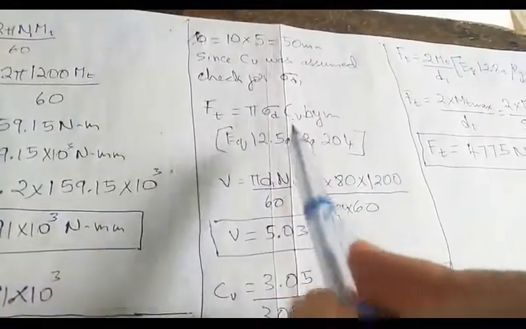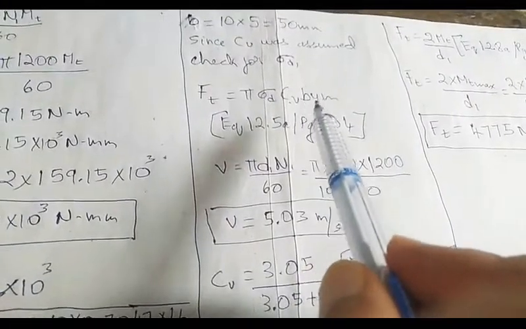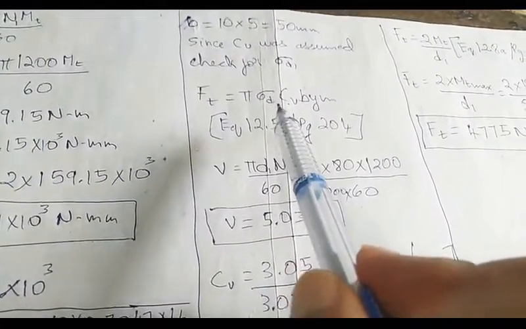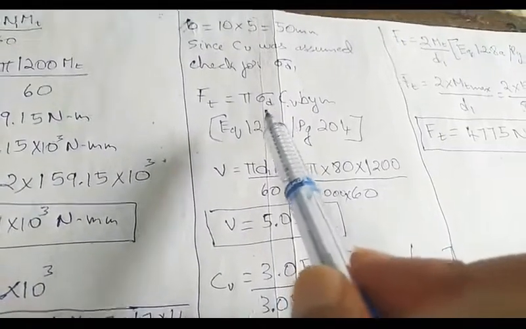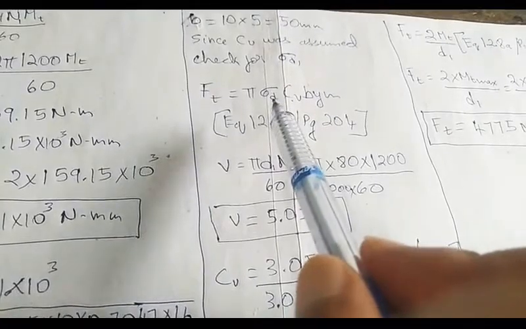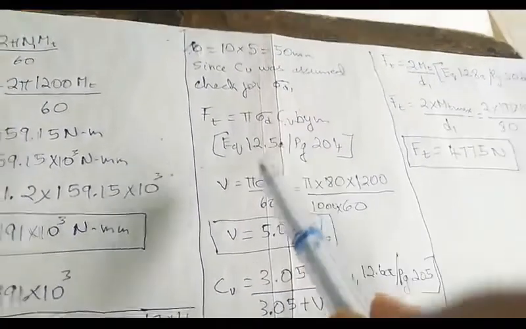Now in this equation we shall substitute the values for Ft, Cv, B, Y, M, and we'll check for sigma d. In previous problem also we had done like this. If the available value is less than or equal to the stresses which we had assumed, then the design is safe.